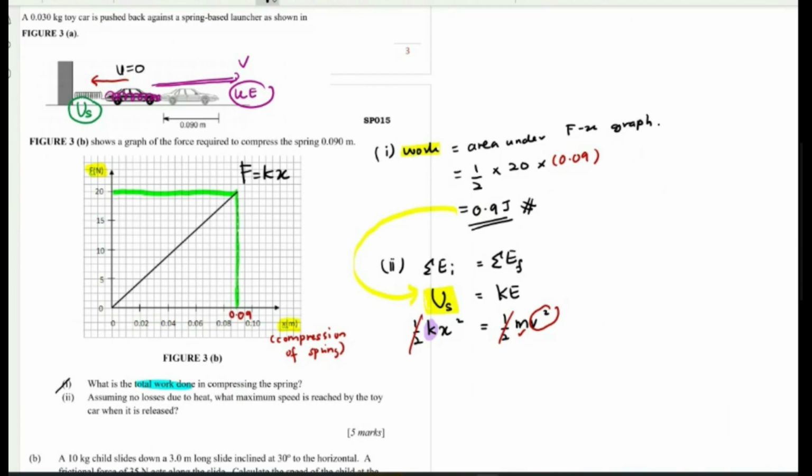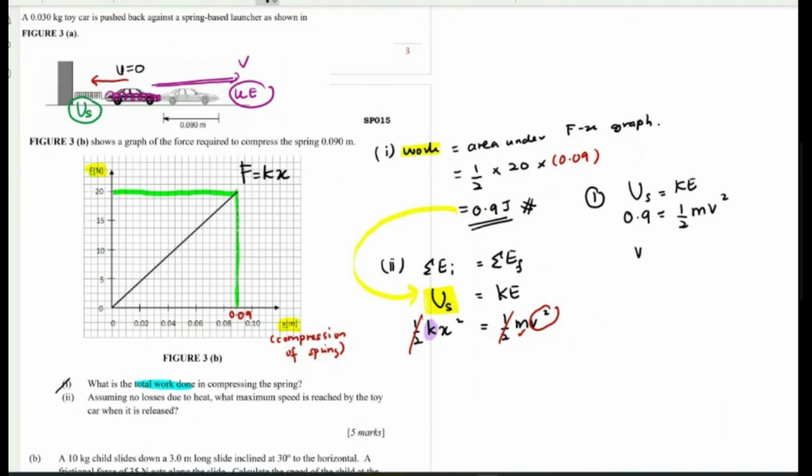Jadi, ada dua cara. Let's say lah ini cara yang pertama. Contoh cara yang pertama, awak nak guna, tadi saya katalah, U_s equal to kinetic energy. U_s tu awak terus ambil 0.9. Half mv squared. Okay, elastic potential energy equal to work done, and then you ambil lah work equal to area under F-x graph.